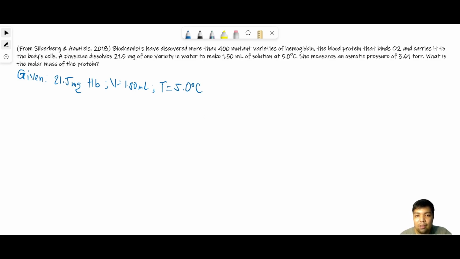And since in calculating the osmotic pressure of your solution, the temperature should be expressed in Kelvin, we can convert this directly to Kelvin by adding a value of 273.15. So that is equal to 278.15 Kelvin.